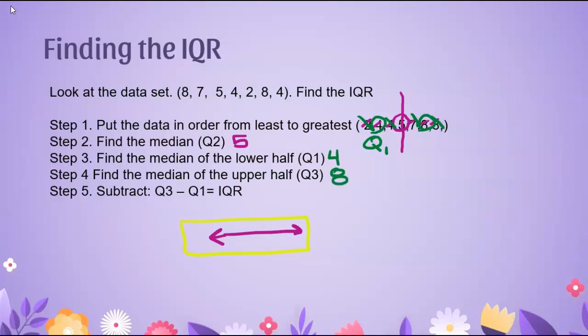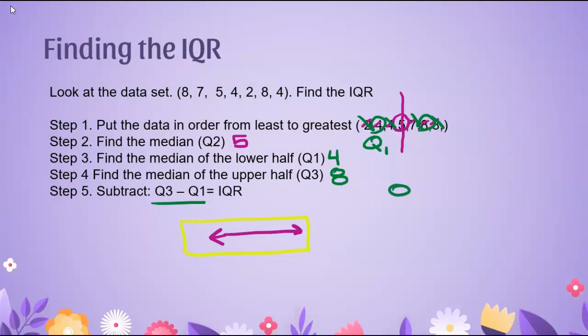You have to go through each one of these steps every time if you don't have it on a graph already. So you might want to take a screenshot of these steps, step 1, 2, 3, and 4. Now we have to find our interquartile range by subtracting our Q1 from Q3.